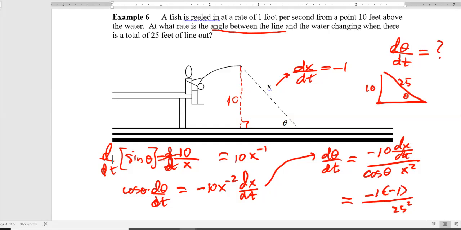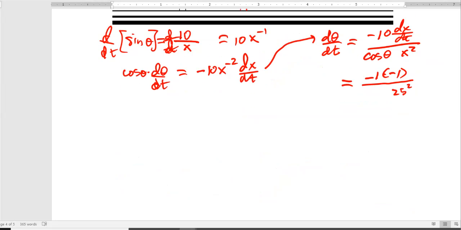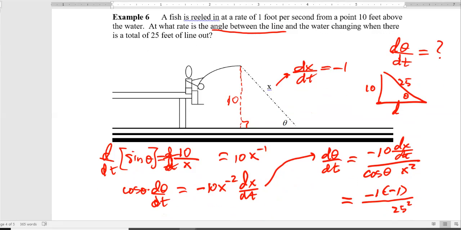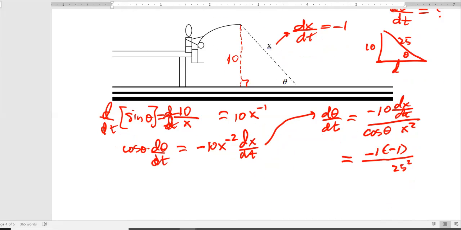But we need the cosine of theta, so that means we have to actually find the other side here. I shouldn't call it x. Let me call it something else because I don't want it to have the same name as that other variable. So let's call this, I don't know, d. So let's get that number. Let's get the d first, and then we'll get the cosine of theta.